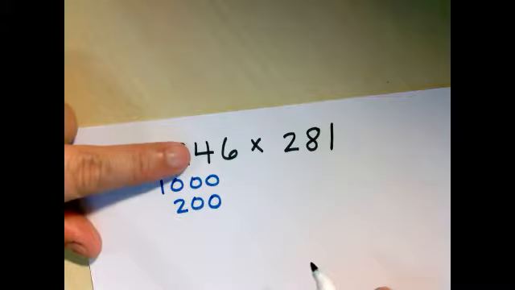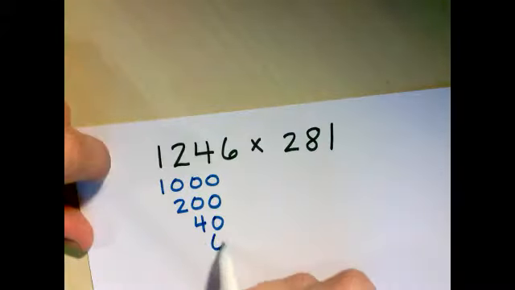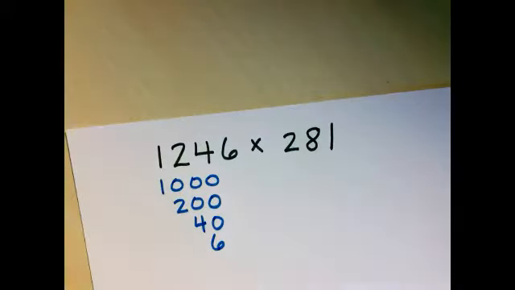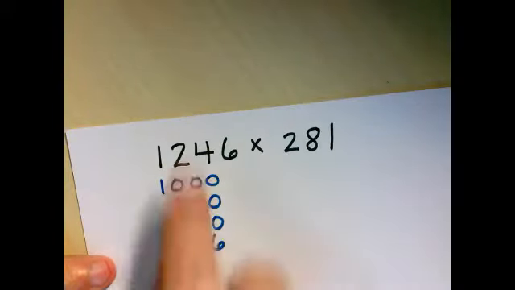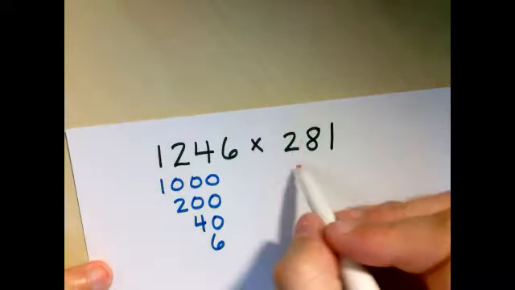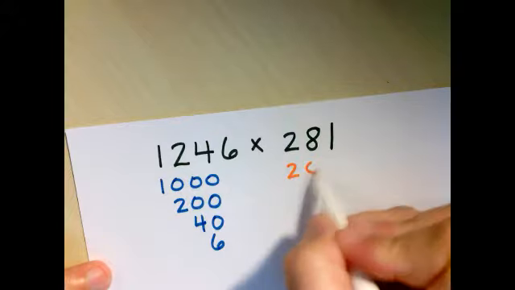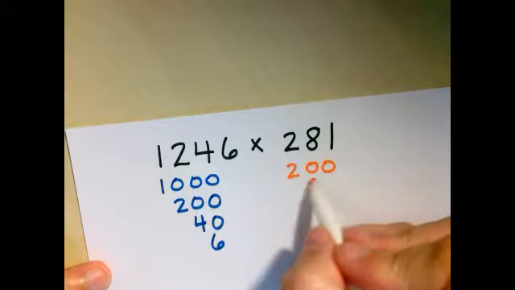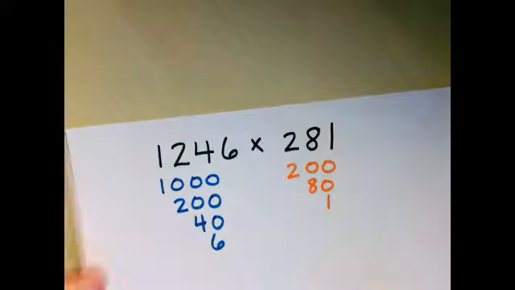A 4 in the tens place, so 40. And then a 6 in the ones place, so that's 6. So if I add all of these back together, I do get the same numeral. Over here, I have a 2 in the hundreds place, an 8 in the tens place, and a 1 in the ones place.